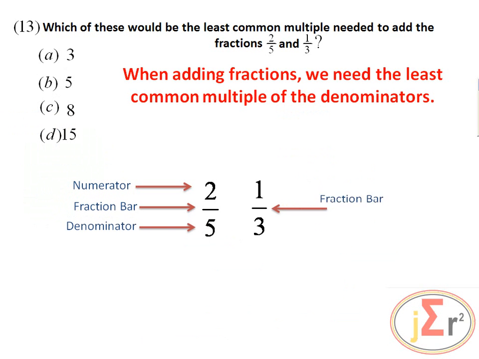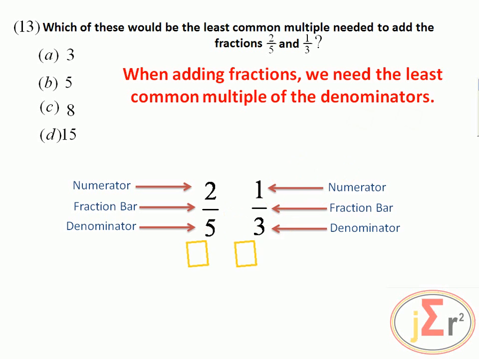So we have labeled the numerator, the denominator, and the fraction bar of those two fractions. So we need the least common multiple of the denominators, and those will be 5 and 3.